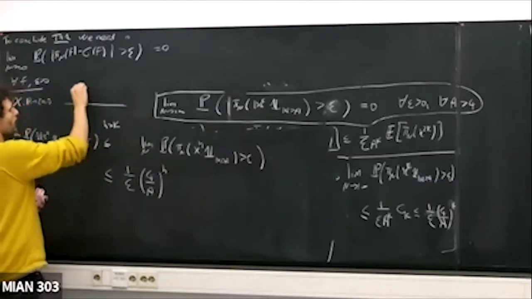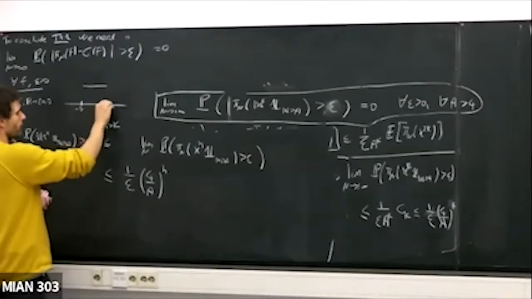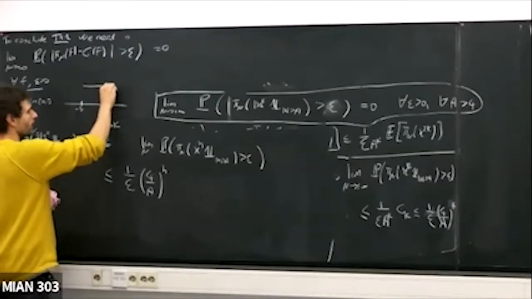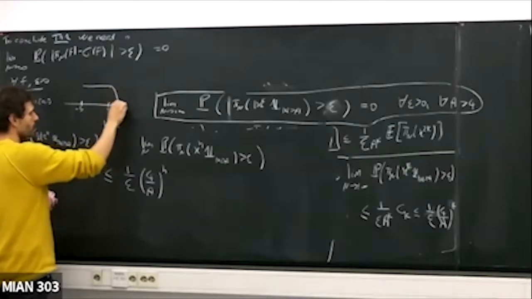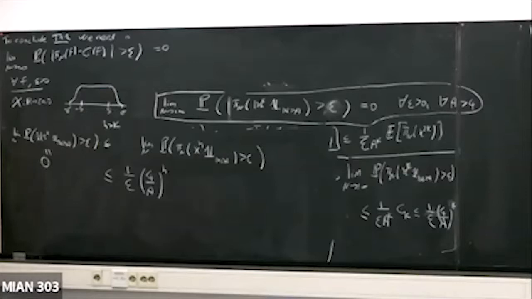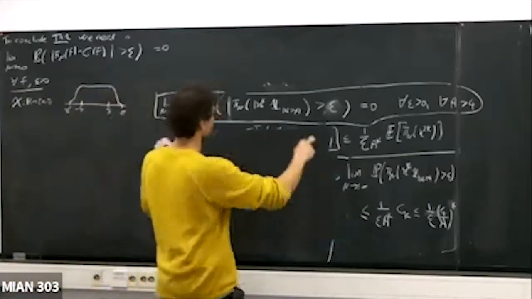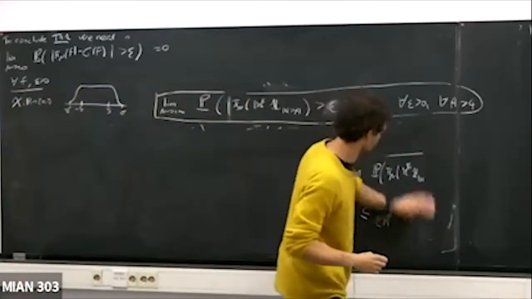Say it's 1 between minus 5 and 5, and then after 6 it is 0, and likewise at minus 6. This is my function chi. And then I keep this effect here and erase anything else.